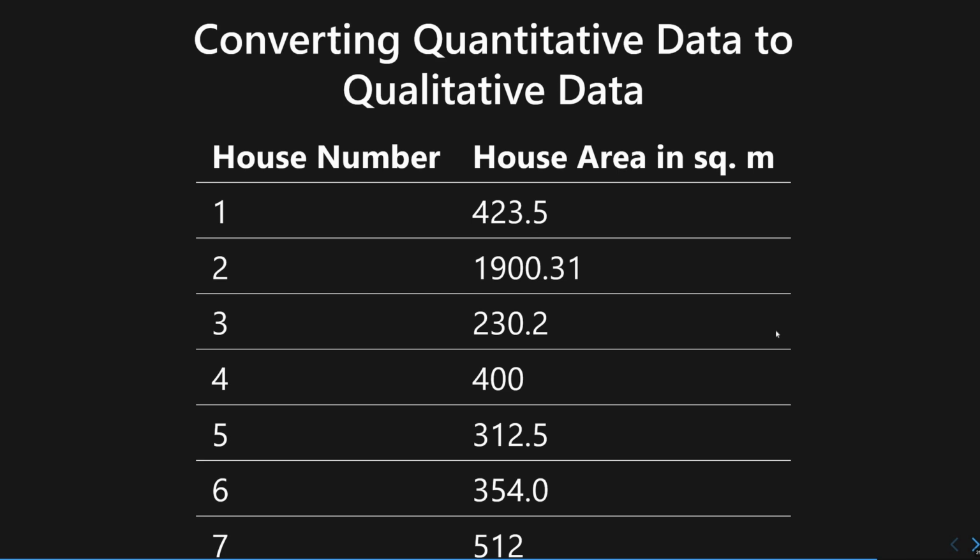There are many reasons why you would want to do that. You might be interested in counting how many samples have a high value for specific features. So for example, you want to know how many house areas are large, how many house areas are small, for this specific example.